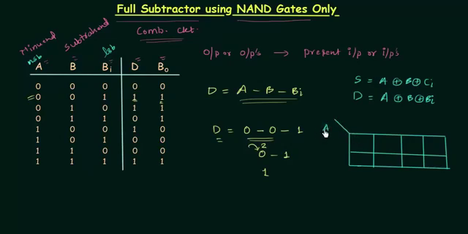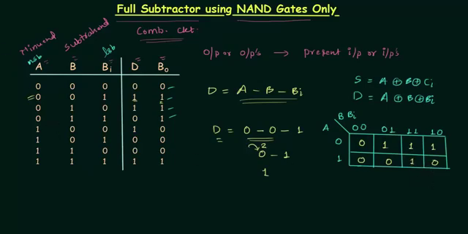So I will write A first, then B, and LSB comes at the end. 0 1 0 0 0 1 1 1 1 0. Now using the truth table, I will fill the K map: 0 1 1 1. Then we have 0 0 0 1 0 0 0 1.